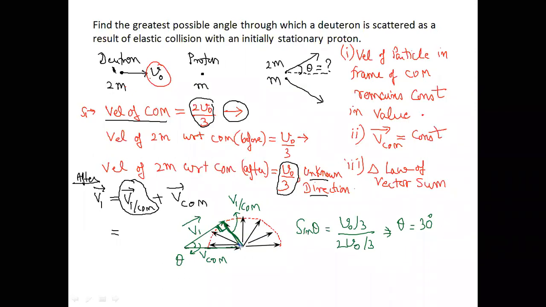If I choose this vector, I get the resultant in this direction, at a lesser angle. If I choose this one, again a small angle. No other combination will give you an angle more than 30 degrees. Therefore, the answer, the greatest possible angle through which the deuteron is scattered, is 30 degrees.